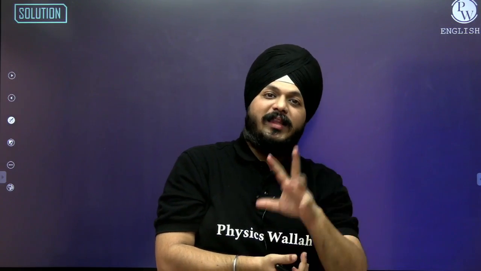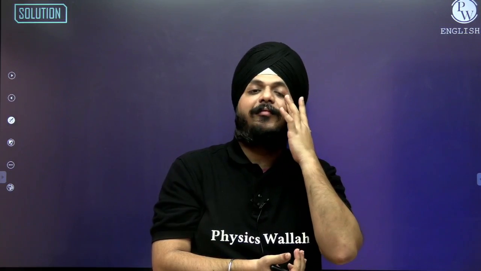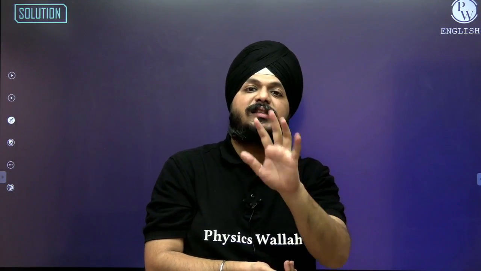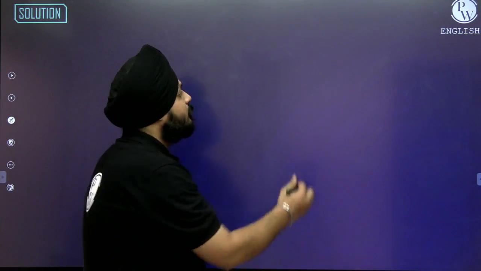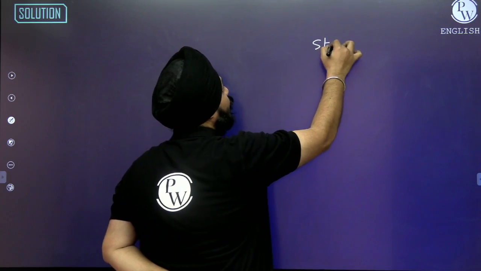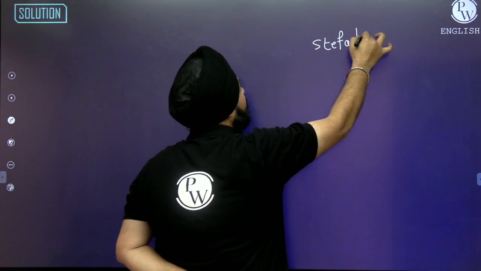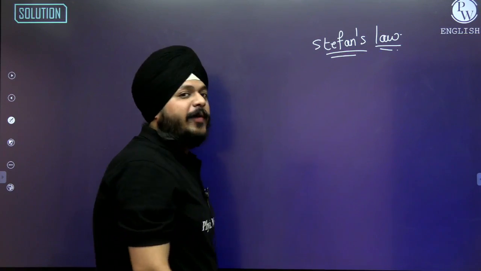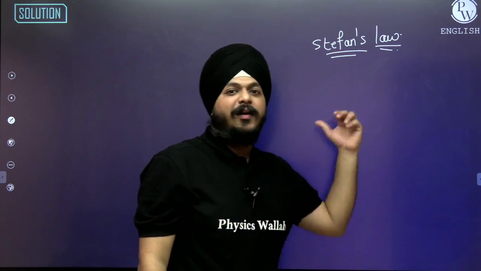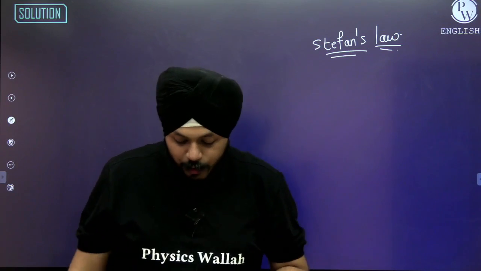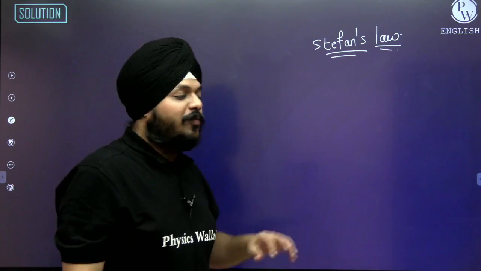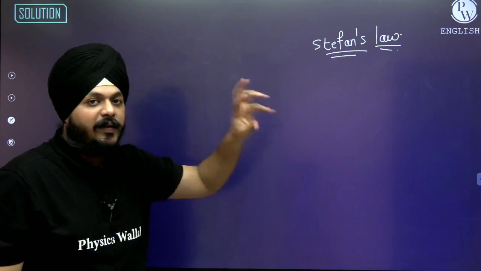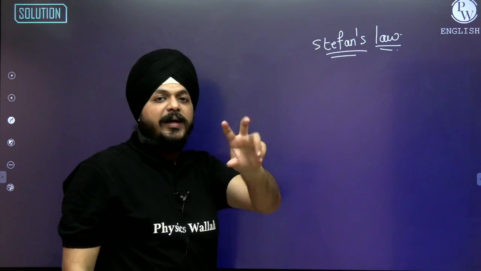For this, we have only one way, that is to use Stefan's law. What this law states, we are going to discuss in a few minutes, after providing you the solution of this question. First we discuss the solution, and after that we will discuss Stefan's law in a bit more detail.